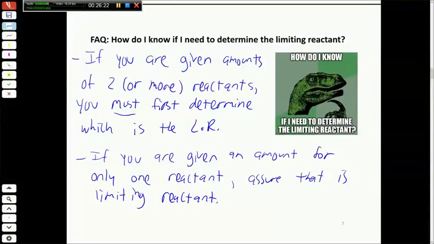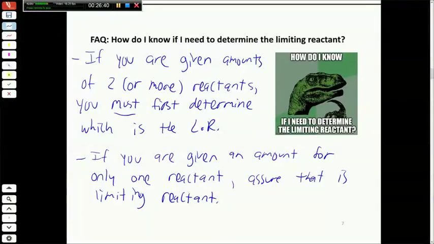In a lot of problems we'll say this many grams of one substance reacted with excess of another substance, or we don't tell you anything about how much of the other substance we have. If you only know the amount of one substance that's a reactant, then you can assume that that's the limiting reactant. You don't know anything else about the other ones.